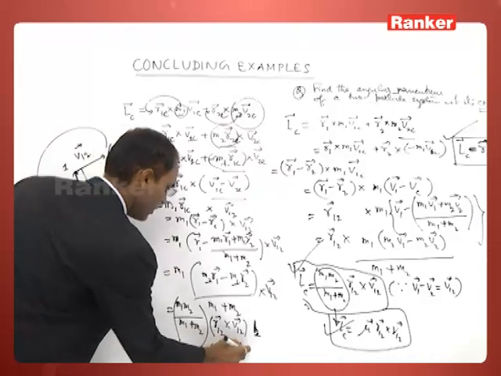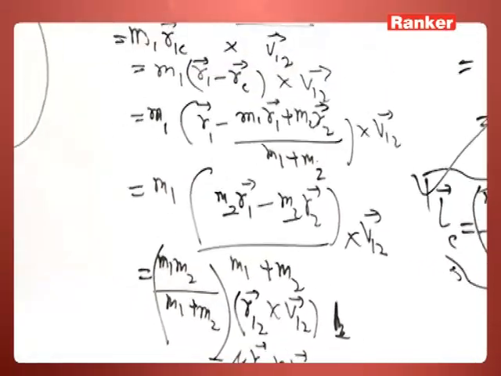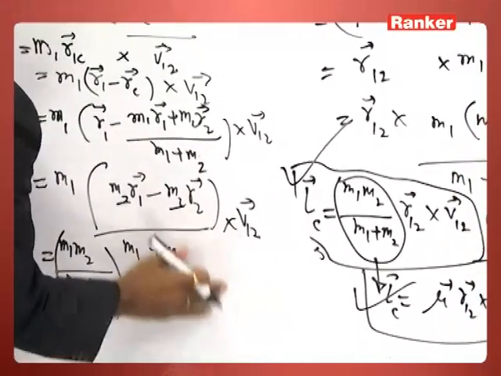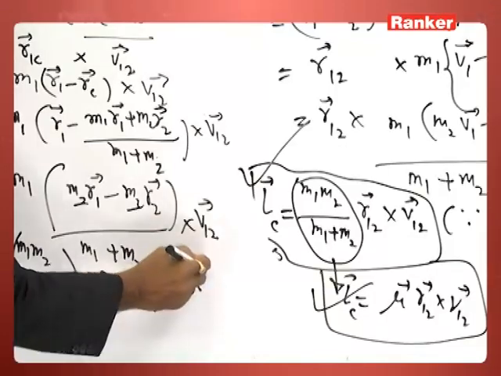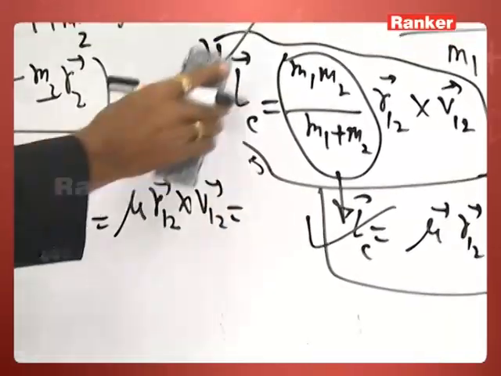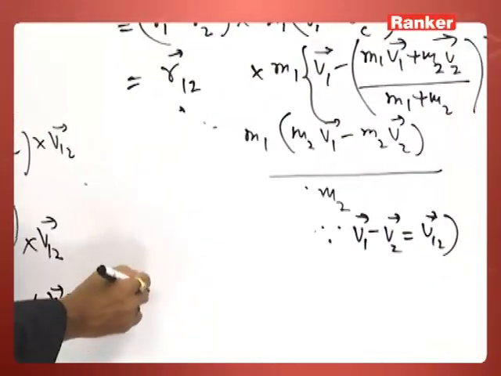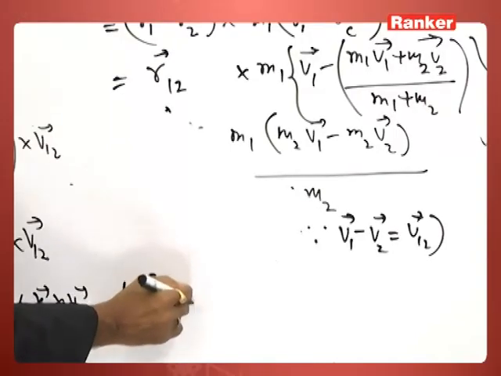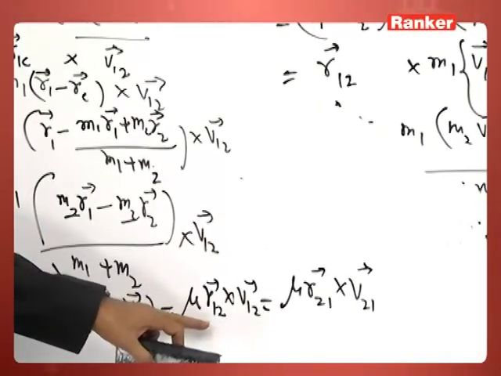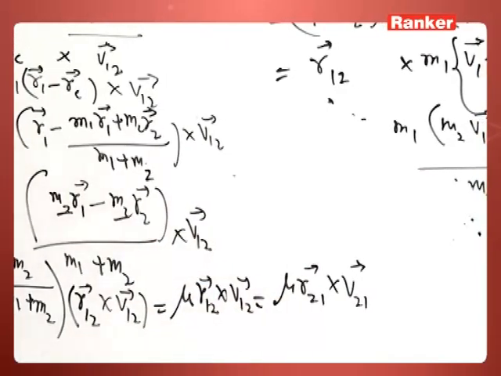Mu R12 cross V12, or you can just write mu R21 cross V21, because R21 will be equal to minus R12, V21 will be equal to minus V12.